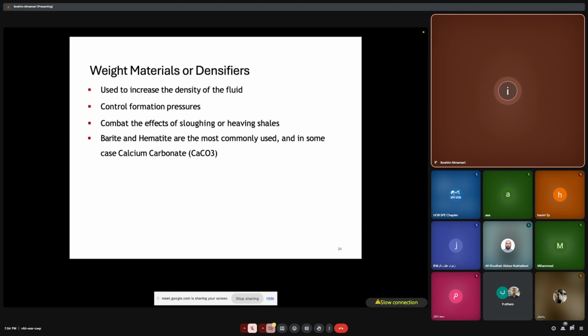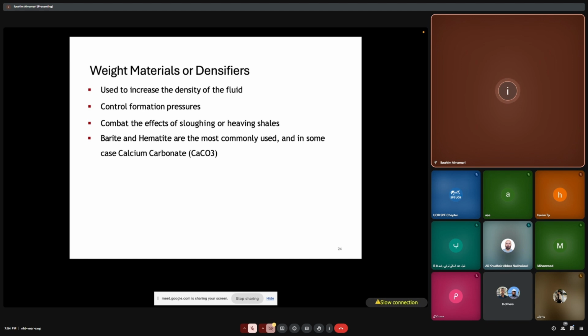So the first one is weighting material. Weighting material is the material used to increase the mud weight. Very simple. So usually if you mix fresh water, the fresh water is 1 SG. I don't know in Iraq what unit you guys use in the oil and gas companies, but here in Oman, the main company called PDO, Petroleum Development Oman, uses kg/m3 units, and we have PPG as well.